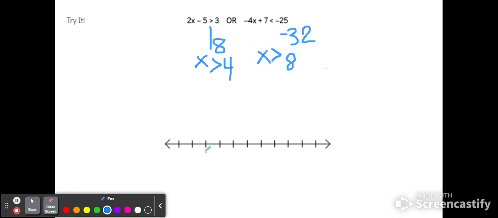So if we create a number line, 0, 2, 4, 6, 8: x is greater than 4, and x is greater than 8.